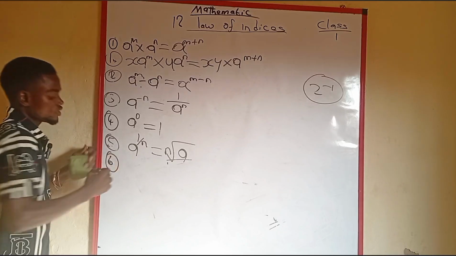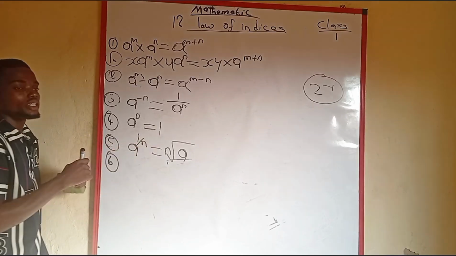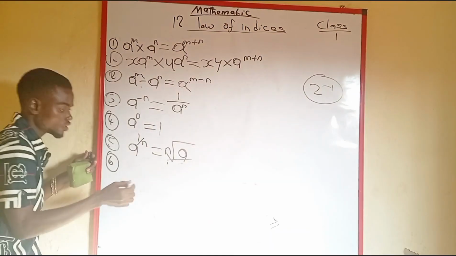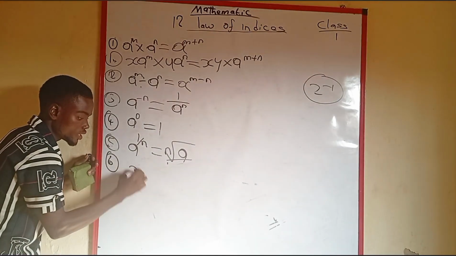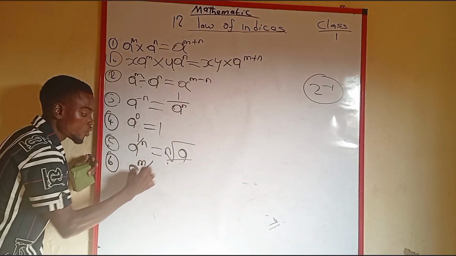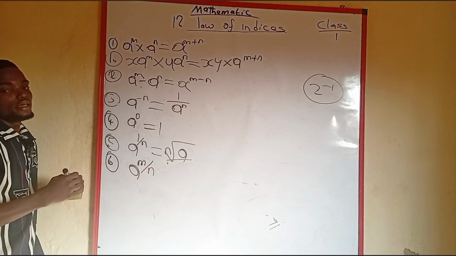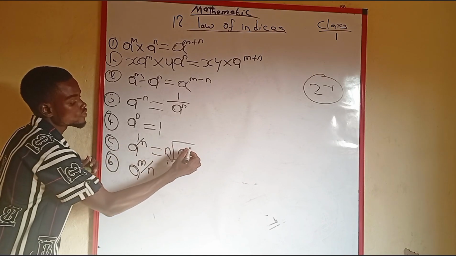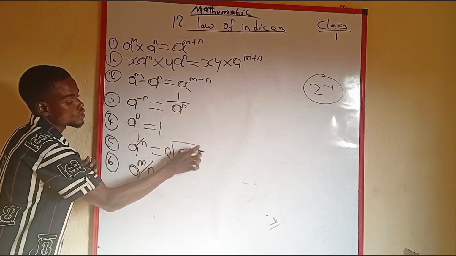Now, going over to the 6th rule of indices. The 6th rule of indices is the same thing with this, but in this case, the numerator of the index fraction is not going to be 1. It is going to be a to the power m over n. So we're not going to leave out the 1 which we don't use to put here.